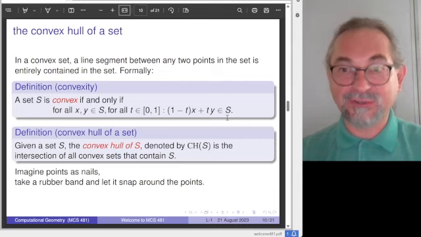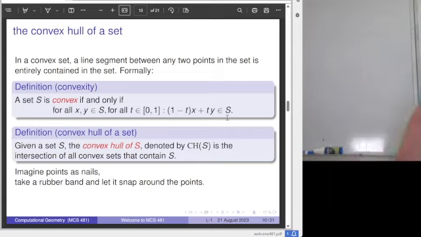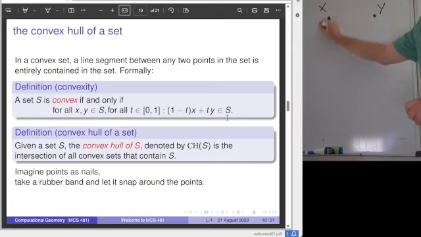And now actually I should probably start drawing something. So I have a whiteboard behind my head. So I have 2 points, x and y. So this means I have x1, x2 here. I have y1 and y2 there. So these are the two coordinates of the points. And the line segment consists of all points in between.